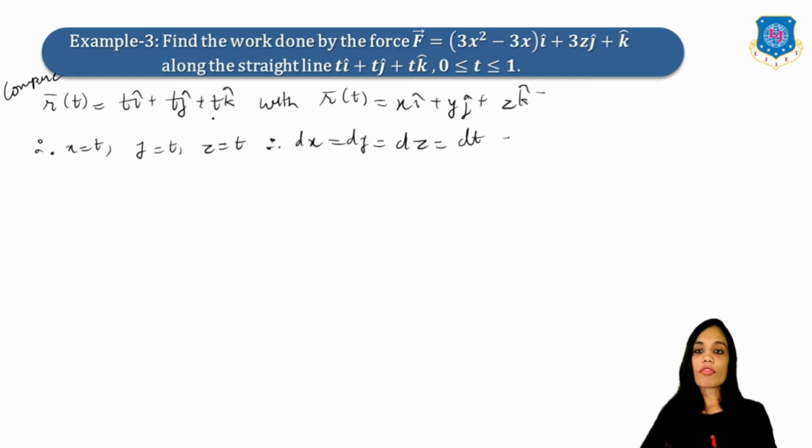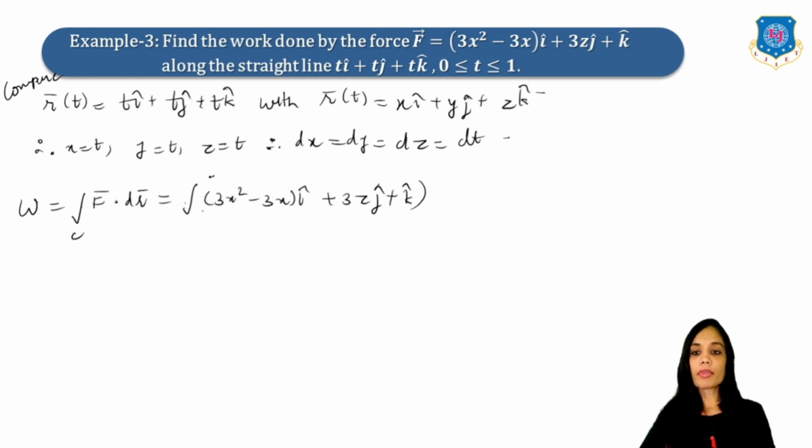Right? So now let us find the work done. So formula is integration over C F bar dot dr bar. So that will be integration over 3x square minus 3x i cap plus 3z j cap plus k cap dot dr bar, means dx i cap plus dy j cap plus dz k cap.